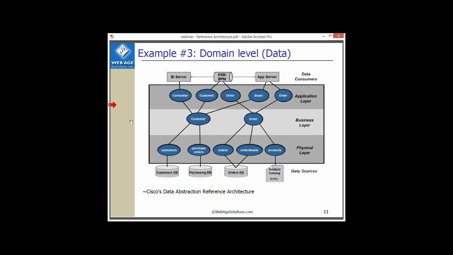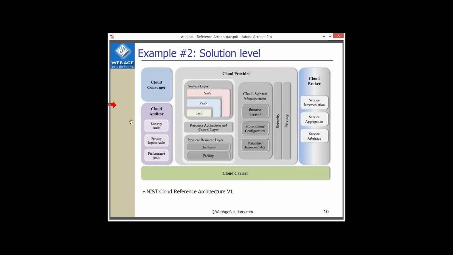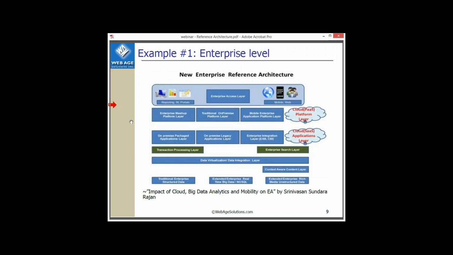And our third example is going down to a specific domain. So if we go back to the enterprise level chart, we had this concept that was important at an enterprise level that we called data virtualization, which many of you have probably had some exposure to. You might be working with data virtualization in your current organization.